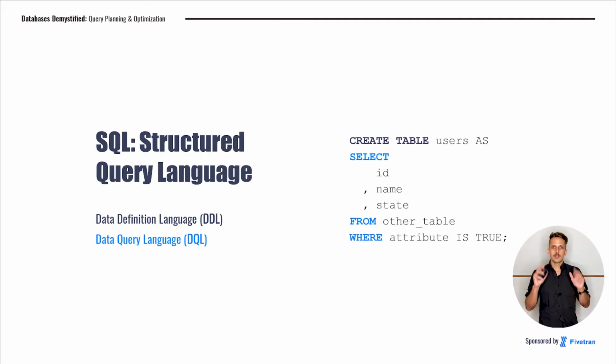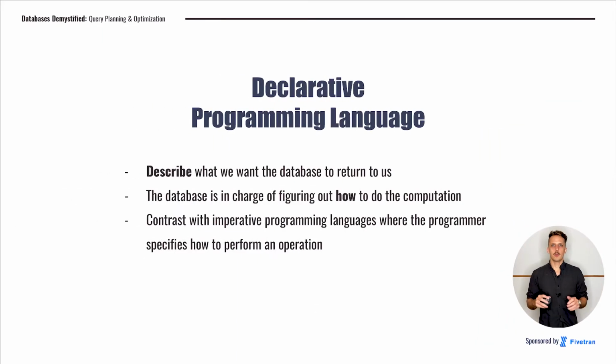As a reminder, here's what SQL looks like. If you've spent any time at all working with databases, this should look pretty familiar. Here we've got a traditional query that starts with a select, along with a where clause for filtering, and a create table command from the DDL. In a declarative programming language like SQL, what we're doing is describing the data that we want back, and the database itself will figure out how to execute on that request computationally. That is, we don't concern ourselves with the how, just with the what.